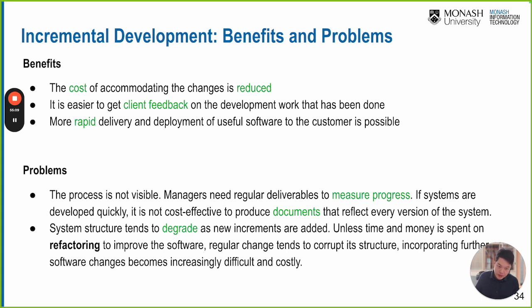Okay, so incremental development reduces the cost of requirement change and everything, but there are some problems with this process as well, right? This incremental process is not really visible. Managers need regular deliverables to measure the progress. If systems are developed quickly, it is not cost effective to produce documents that reflect every version of the system.